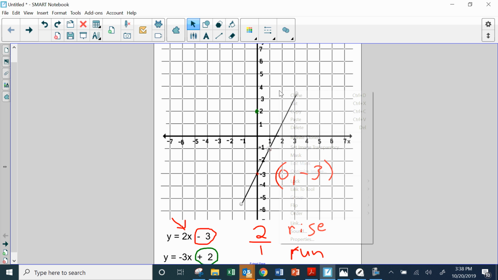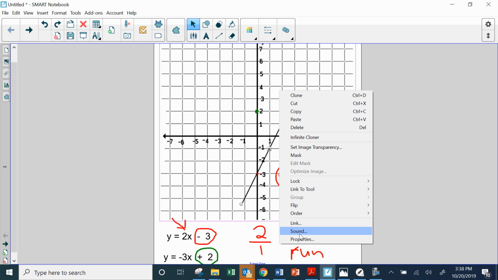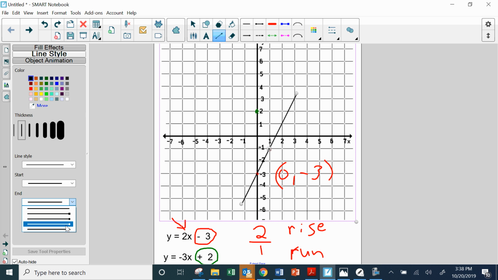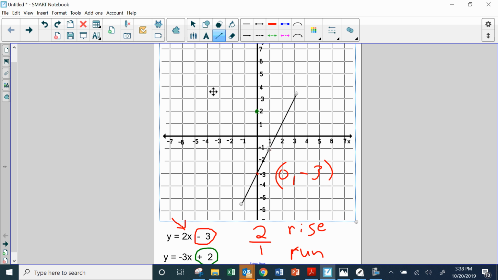So it's got an arrow on one end and an arrow on the other end. Probably won't be real big arrows, but you'll get the picture.